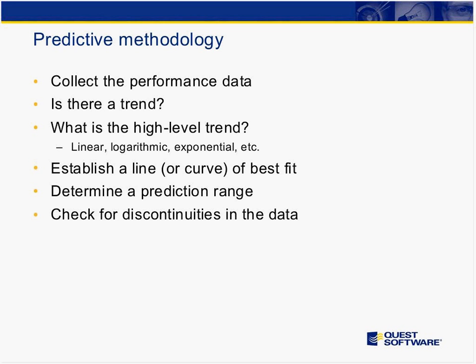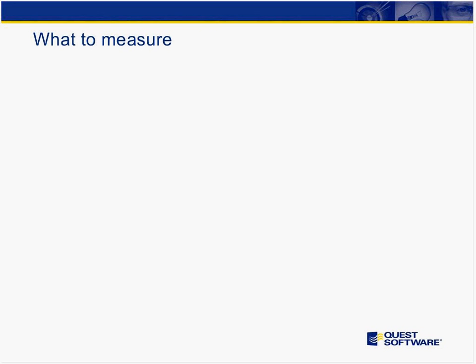For discontinuities in the data, we'll talk more about this. We have to look to see if there's been a plan change. If there is a plan change for the SQL statement, then any trending is sort of irrelevant because it's really 2 SQL statements as far as the internal system goes. So we're aware of that. Then tune the SQL to get the performance improvement.